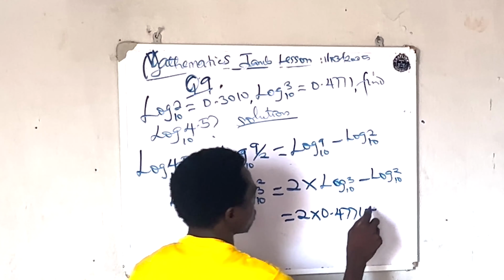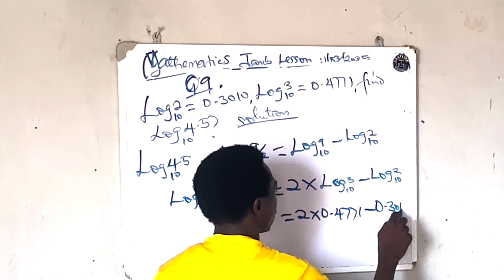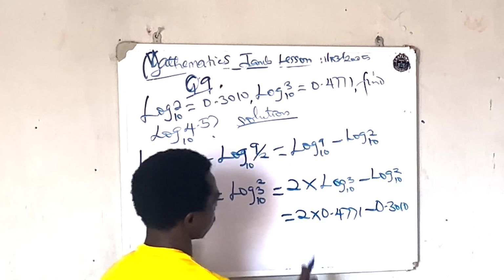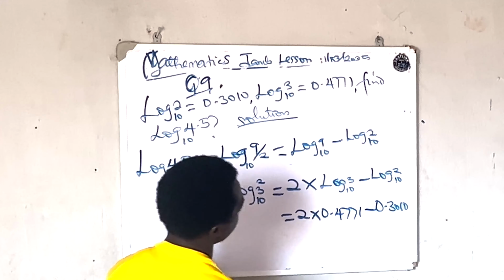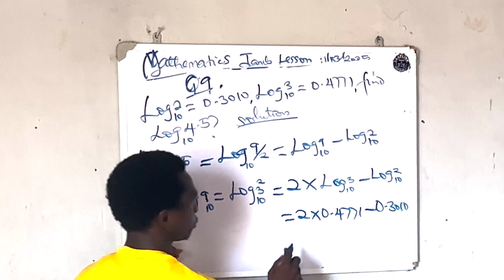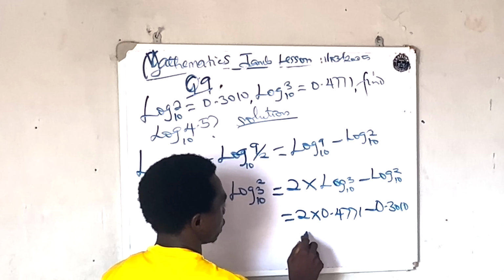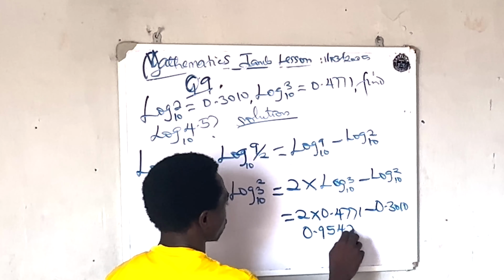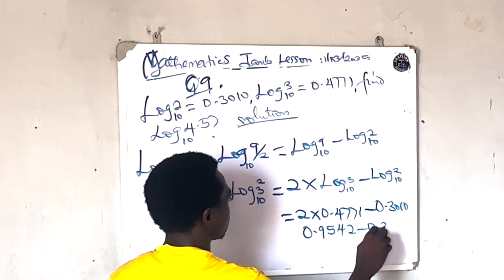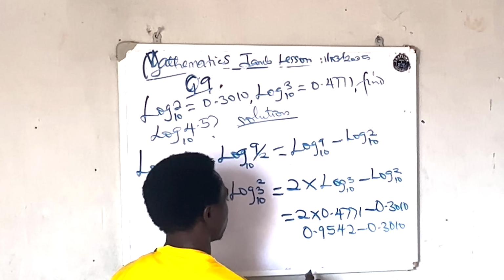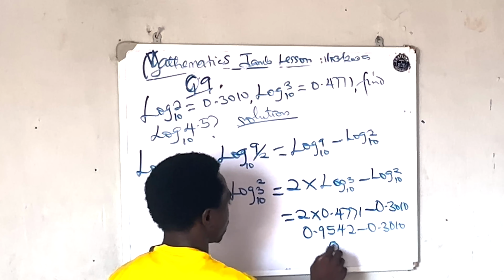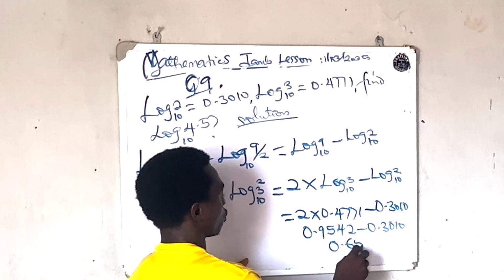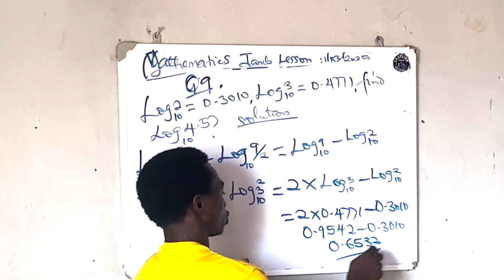You say it's equal to 0.3010. So multiplying this by 2, that gives us 2 times 0.4771. We're going to have 0.9542 minus 0.3010. We have 0.6532. Beautiful.